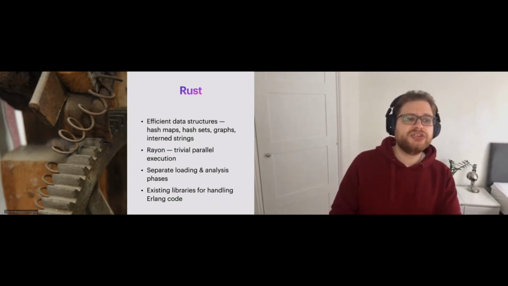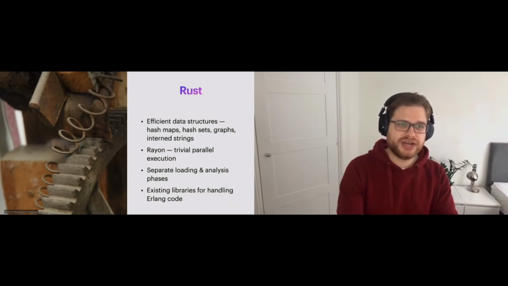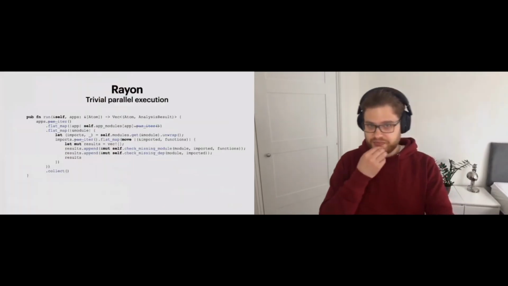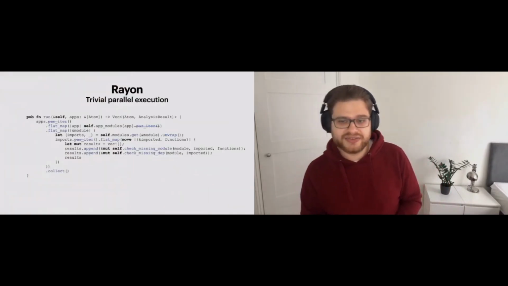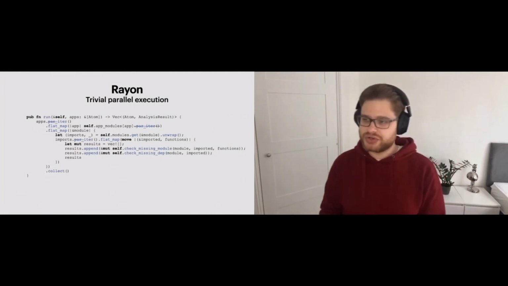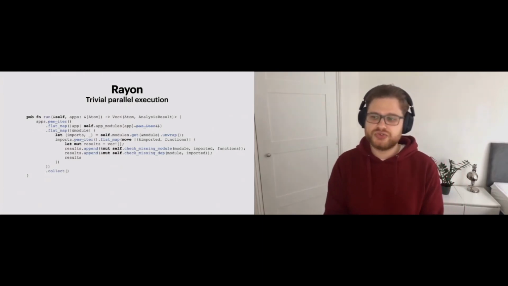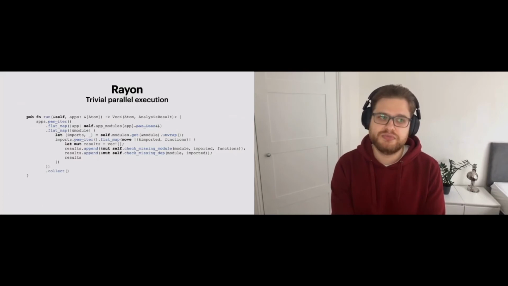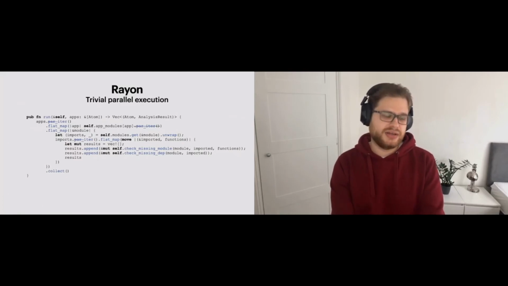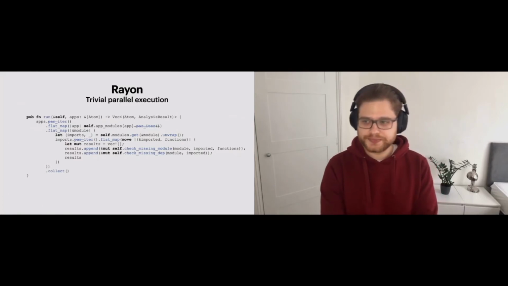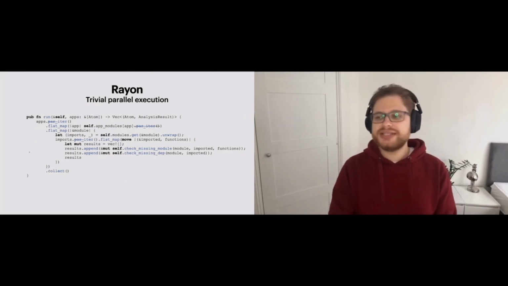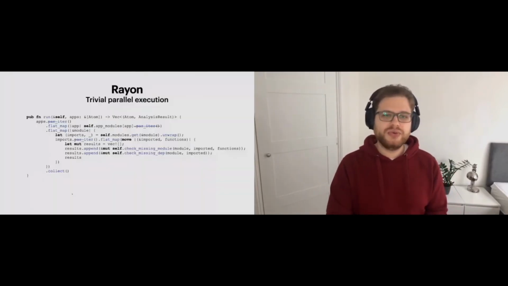But the second interesting part of Rust that I was very satisfied with was the Rayon project, which allows you to trivially introduce parallelism into your program. In this snippet, we have two implementations.